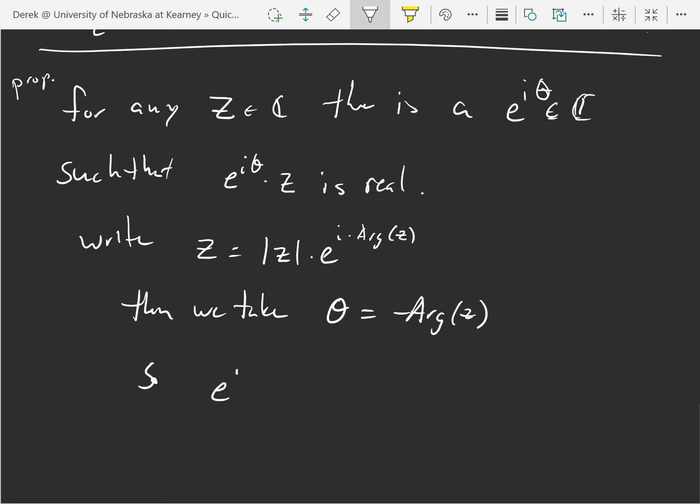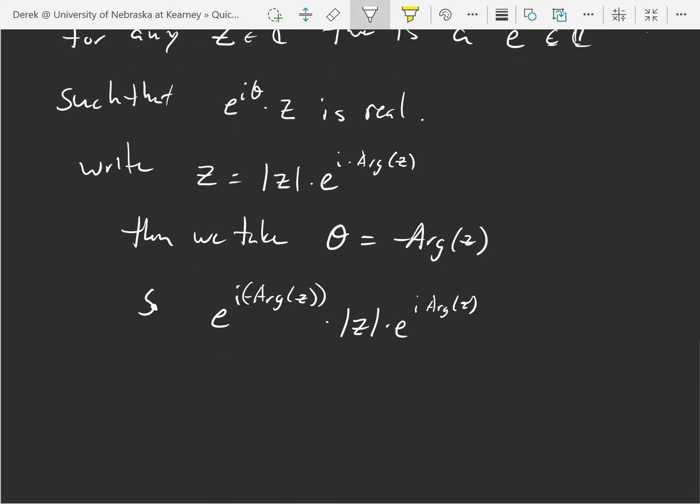So e to the i negative argument of z times the magnitude of z times e to the i argument of z is equal to the magnitude of z times e to the i times 0, which is just the magnitude of z, which is real.